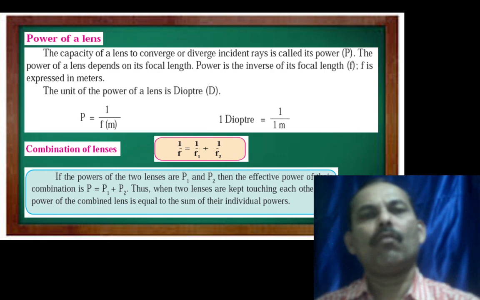That is, 1 upon F equals 1 upon F1 plus 1 upon F2. 1 upon F1 means the power of the first lens and 1 upon F2 means the power of the second lens. And the sum of the powers of these two lenses is equal to 1 upon F, the total power of the combination.